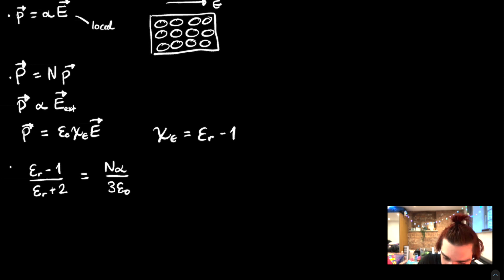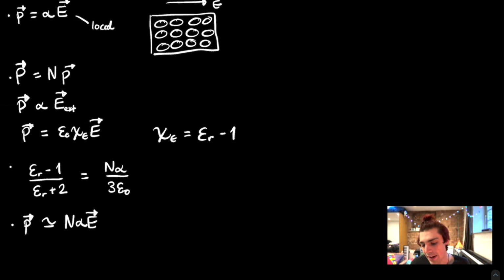And we also said, which is quite important to this, that the polarization P is approximately equal to N alpha times the external electric field if N is sufficiently small. So physically what this would mean is if the dipoles were spaced apart, then the fields produced by the dipoles would not really have much of an effect on their local vicinity, because they're also spaced apart.